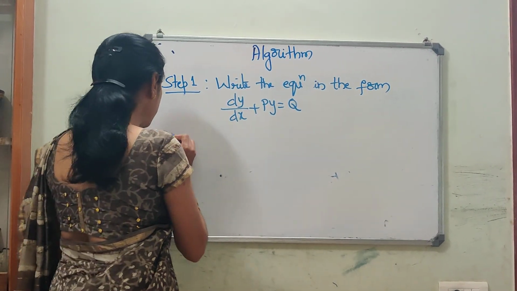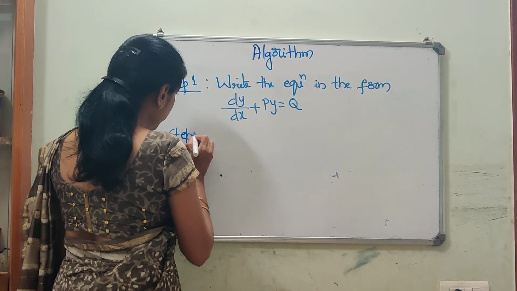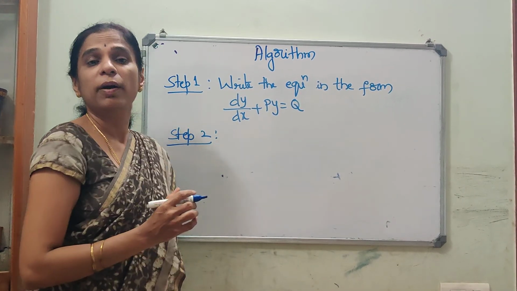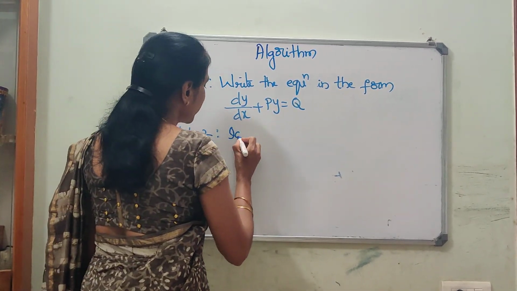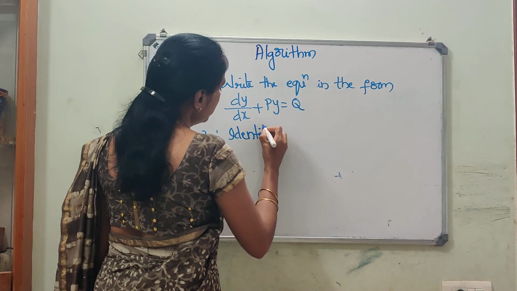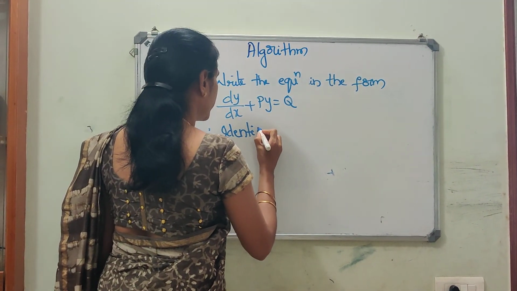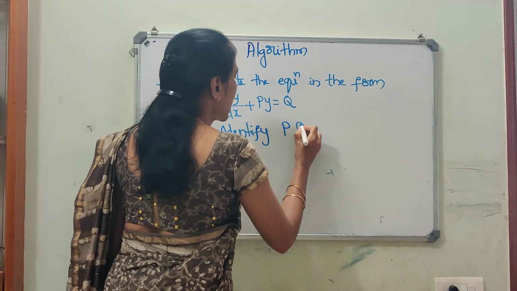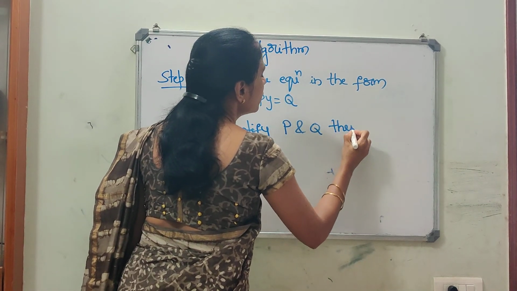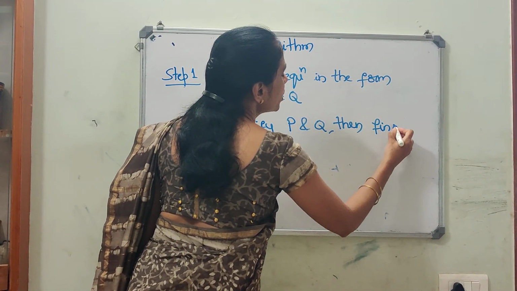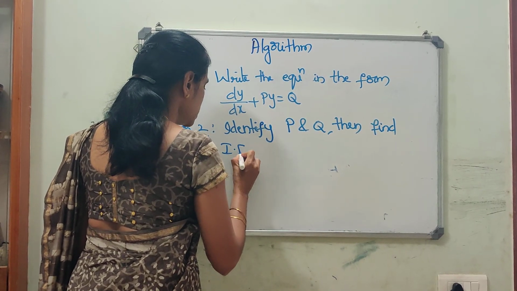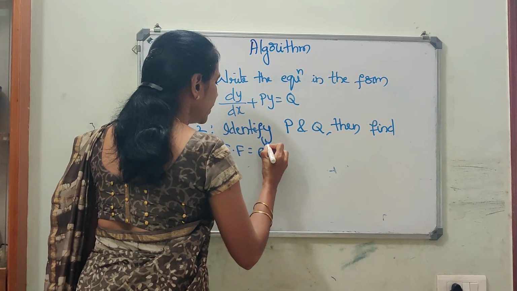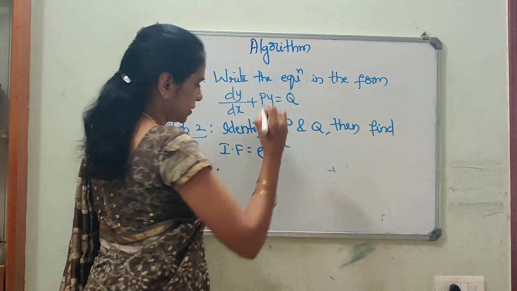Otherwise, you write it in the particular form so that it becomes easy for you to identify what p and q are. So step 2 should be: identify p and q and then find the integrating factor, which is equal to e to the power integration p dx.